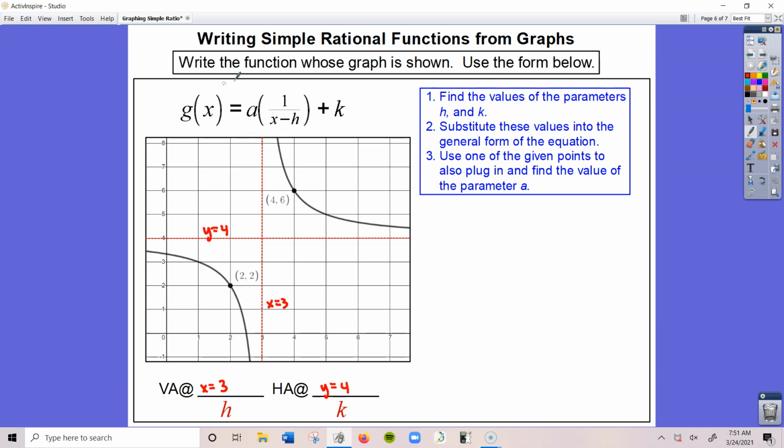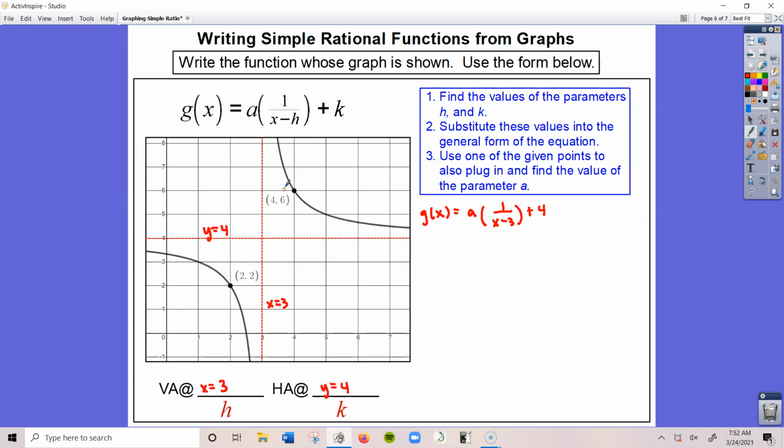So now what we're going to do is take our equation here, g of x is equal to a parentheses 1 over x minus h, which is 3, so x minus 3, plus k, which is 4. Now, the only thing that I need in order to write this equation is the value of a. In order to find this value, you're going to pick a point, whichever point you'd like.